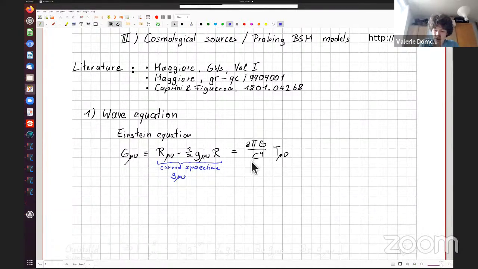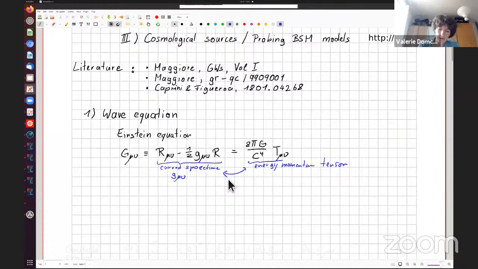This is influenced on the right-hand side by the energy momentum tensor of the matter content of the universe. So this T mu nu is the energy momentum tensor. Essentially, GR tells us that the way space is curved influences how particles move in space, but also the energy content of the universe itself can curve the metric. So this is really an arrow going in both directions.